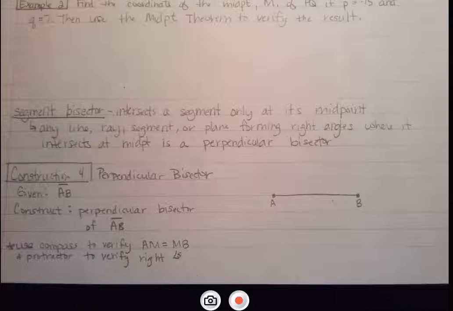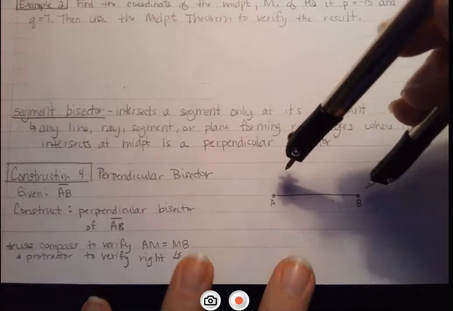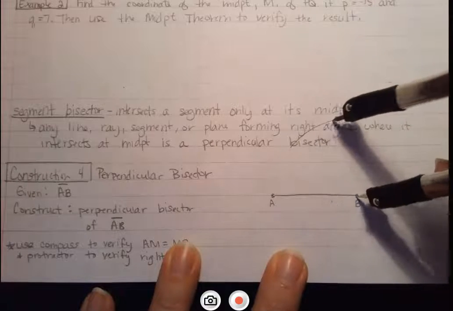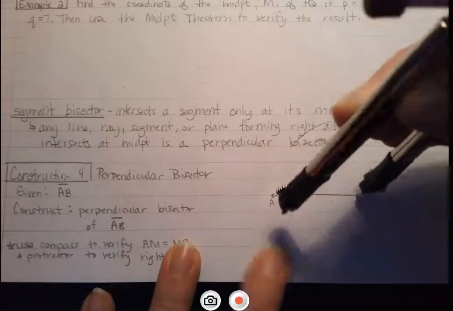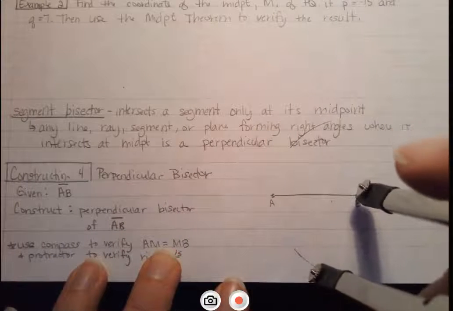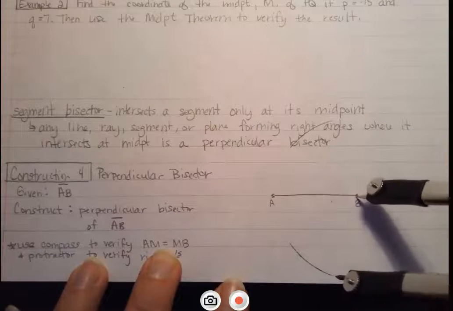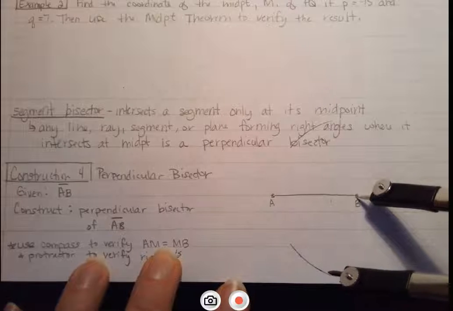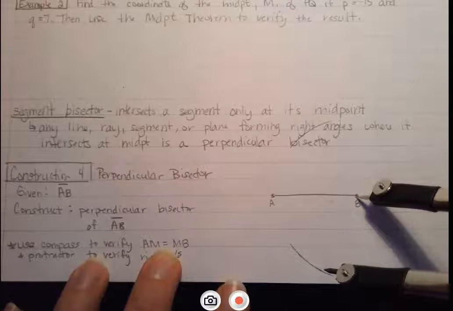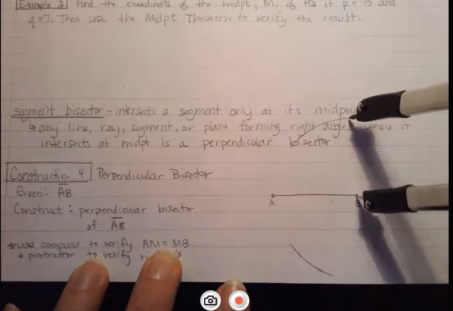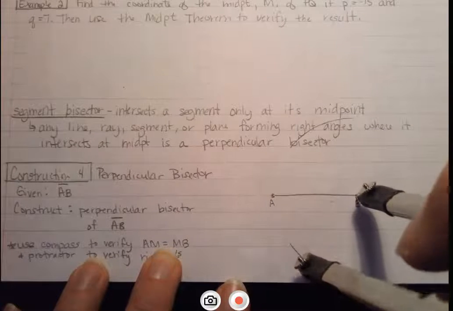Okay, so now that we have that, we're going to take this and make an arc at the top and go down and make an arc at the bottom. And you're like, what? This seems so crazy, Miss Talbert. I know. Okay, so do you see that? We're just making the little arcs at the top and the bottom. Oh, the little arcs? I just made a huge arc. It's okay if you made a huge arc. It's cool.